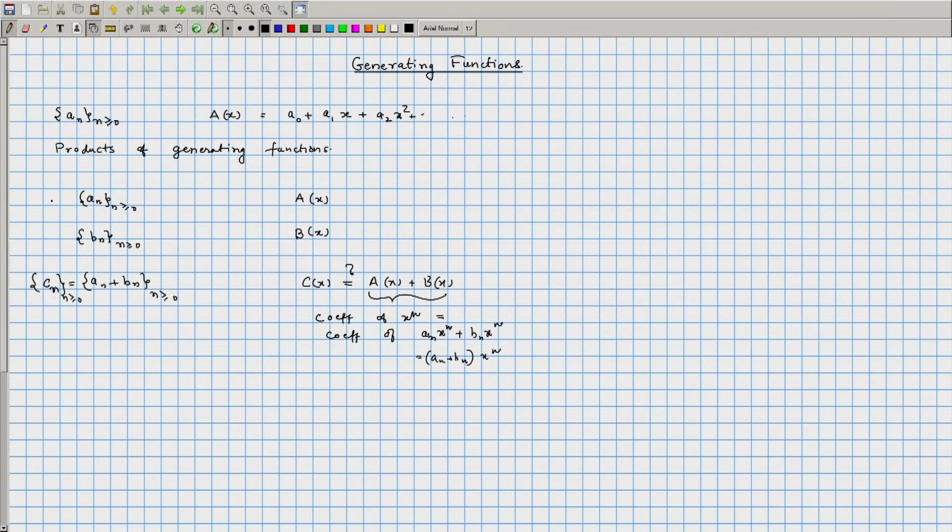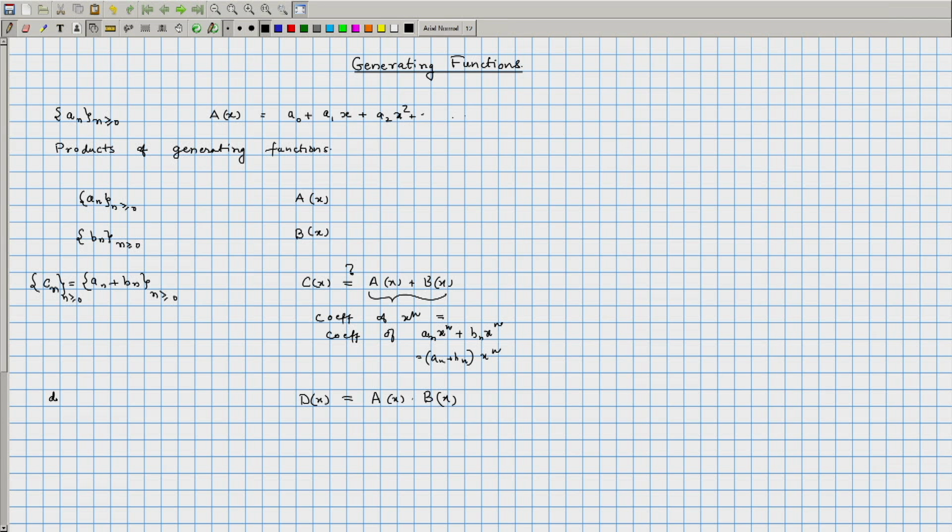Now, if you take the product of generating functions, what happens? Instead of looking at Ax plus Bx, let us say we had Dx is equal to Ax into Bx. Dx is clearly a generating function of some sequence.